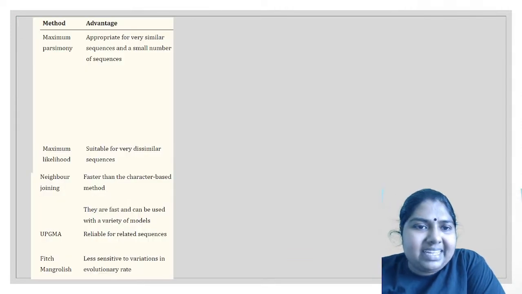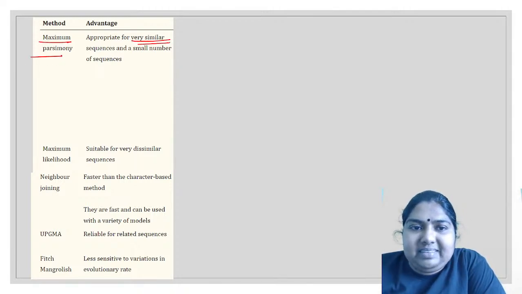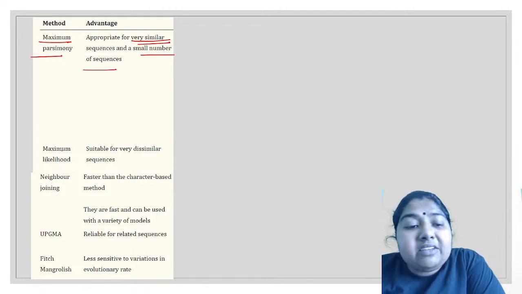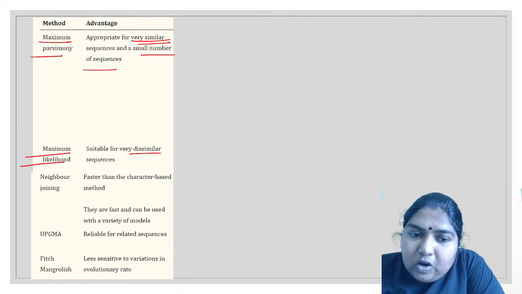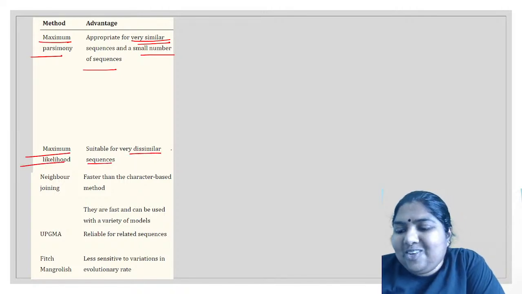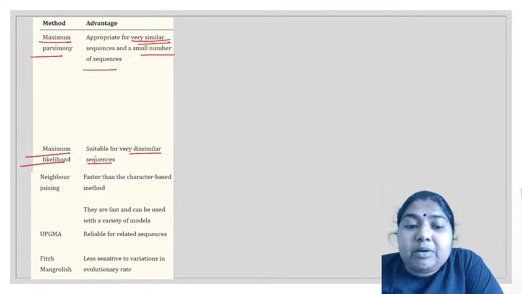Understood, everybody? This maximum parsimony is only for similar sequences, and usually you take a small number of sequences. And the maximum likelihood method is for dissimilar sequences or when you have no idea about the sequences. And what about NJ?